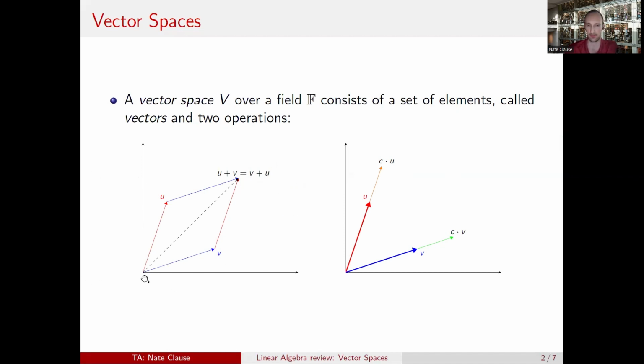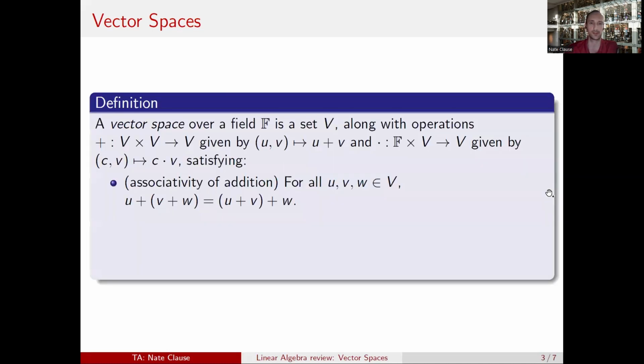In this visual example, we're working with a vector space being the plane, and you can add vectors in the plane R2, and likewise, you can scale vectors in R2, multiplying them by a constant, which will either extend or shorten them.